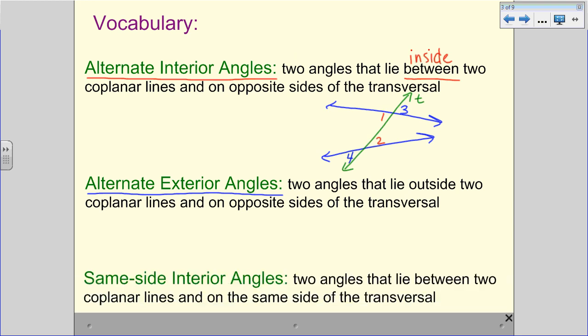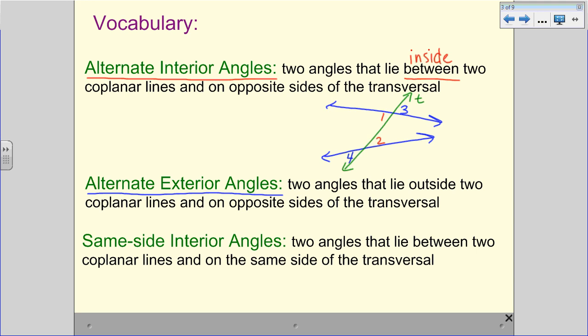And so if we look at the last one, same side interior. I'll underline it in black so we don't have the same colors in there. So same side interior, we've already broken down this definition. Interior means inside. So it lies between the two lines. It's going to lie inside the two lines. But this time, they're on the same side of the transversal.